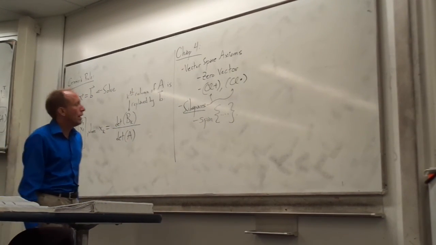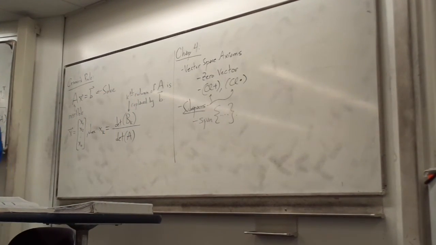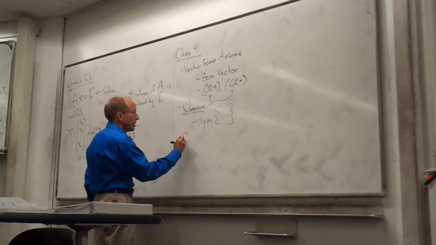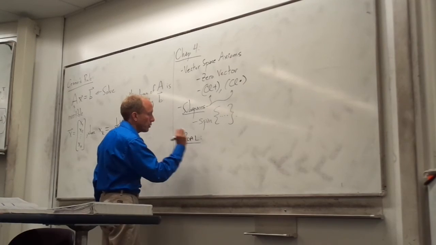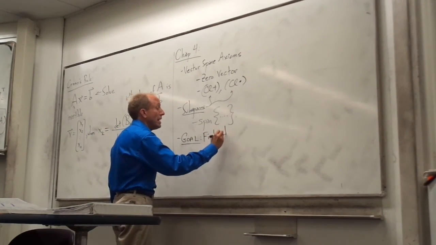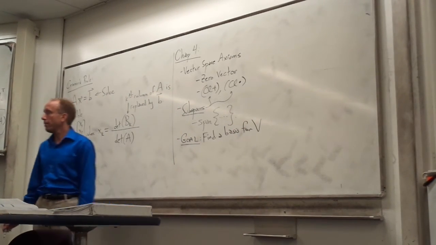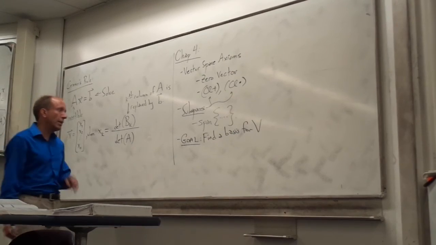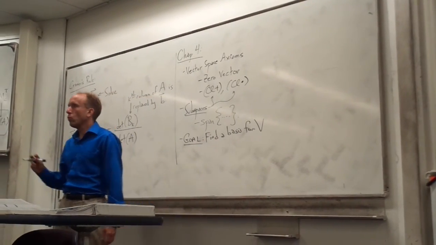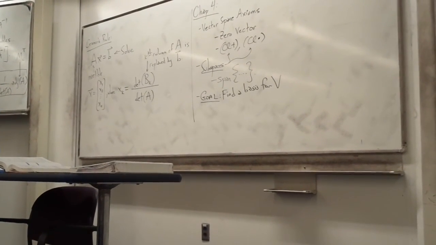Of course, what we really want to do is span V. V is a vector space, and we're looking for a spanning set. So a lot of times the goal in this vector space material is to find a basis for V. We do this a lot. Probably the concept of a basis is one of the cornerstone, most central, important things in linear algebra.